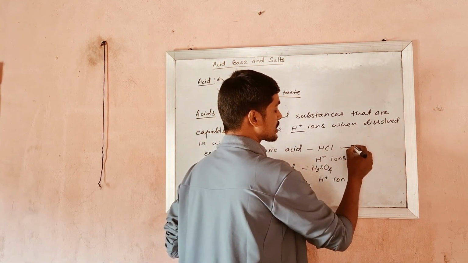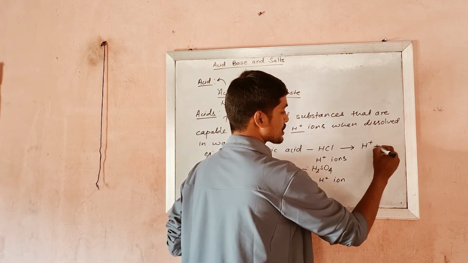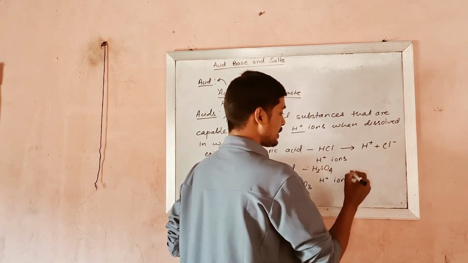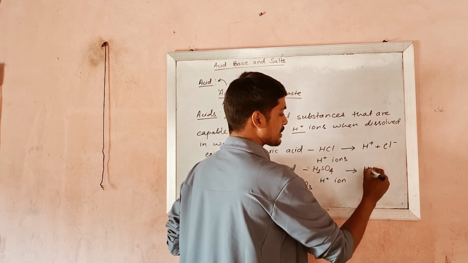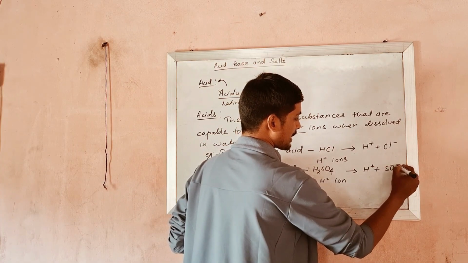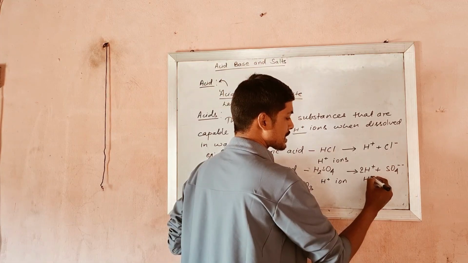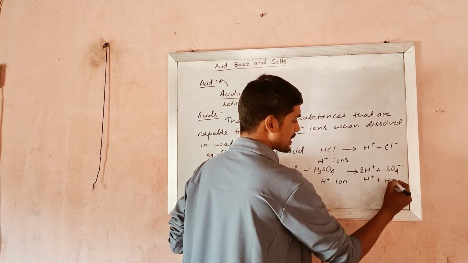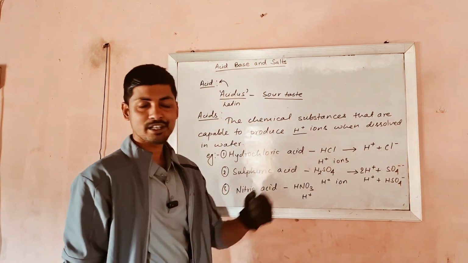The dissociation of HCl mainly produces H plus ion and Cl minus ion, whereas sulfuric acid produces H plus ion and SO4 minus minus ion, or it may produce H plus ion and HSO4 minus ion, either sulfate or bisulfate ion.